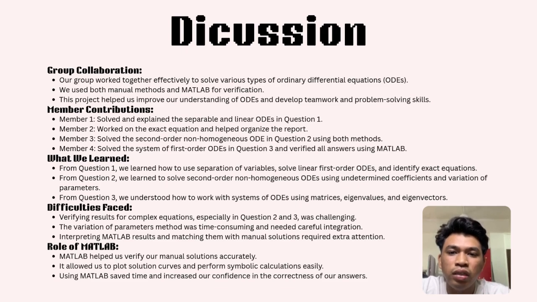The difficulties that we faced: first, verifying results for complex equations, especially in questions 2 and 3, was challenging, and the variation of parameters method was time consuming and needed careful interpretation, and interpreting MATLAB results and matching them with manual solutions required extra attention.